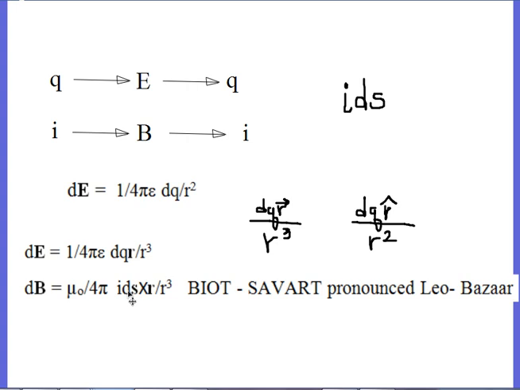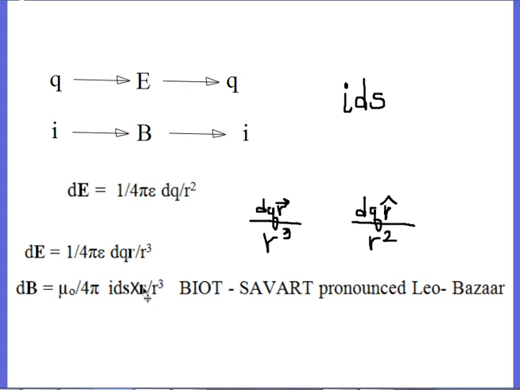You need to start with the direction of ds. What is the direction of ds? The direction of ds is determined by the direction of the current. The current, of course, is not a vector, but it will assign its direction, even though it's not a vector, to the direction of ds.